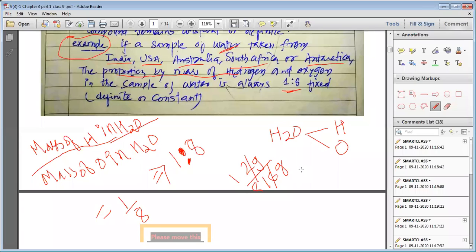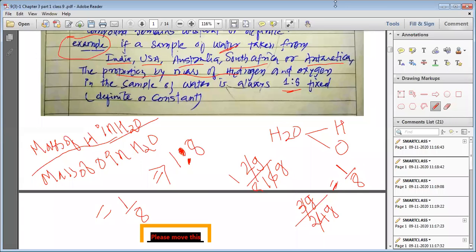If the mass of hydrogen is, suppose, 3 gram, then the mass of oxygen must be 24 gram, so that we can cancel them out to get the ratio 1 by 8.